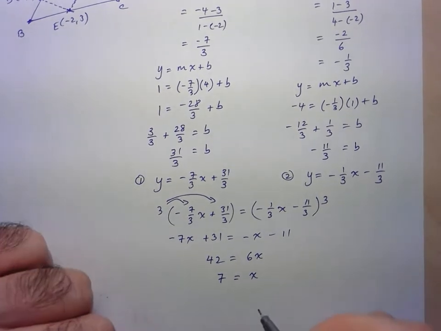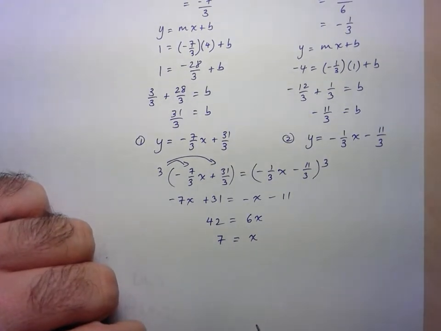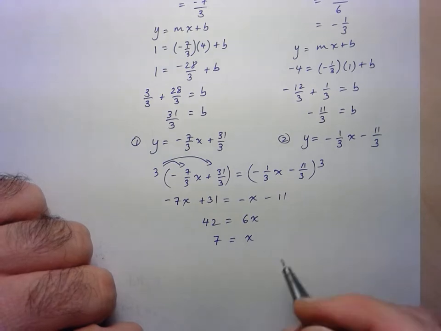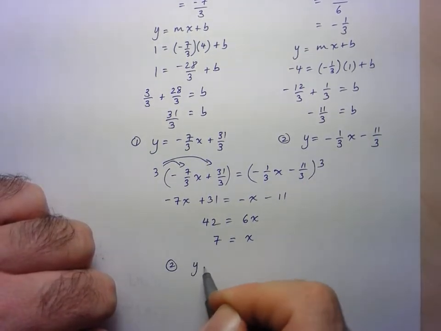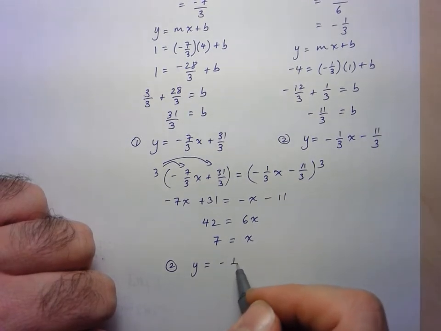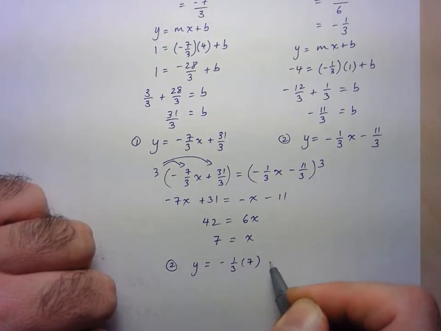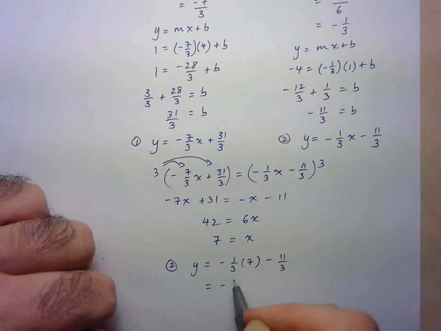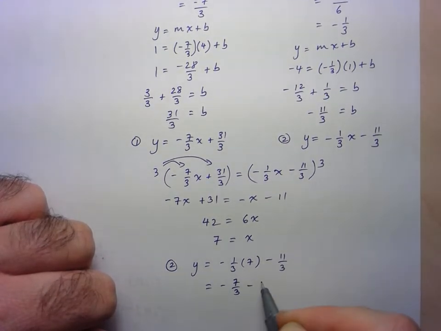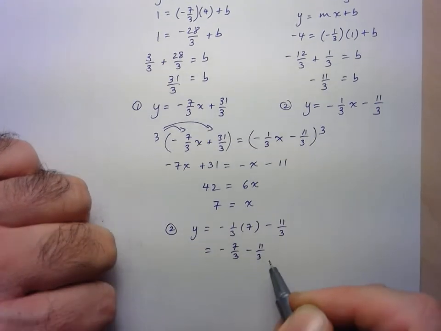Now let's just plug this into any one of the equations. I'm going to guess the second one's a little easier here. So let's plug in to find the y value. Negative 1/3 times 7 minus 11 over 3. So this just gives us negative 7 over 3 minus 11 over 3.